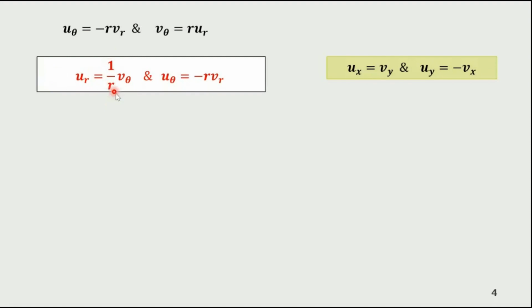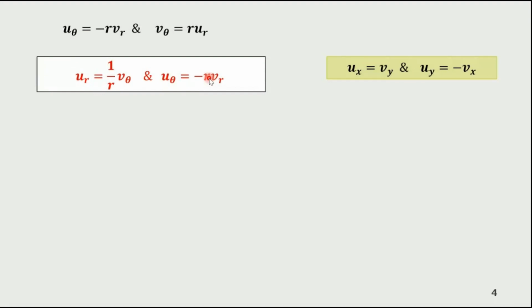The extra terms are 1 by R and minus R. Try to remember it this way so that you will not make mistakes. So the CR equations are: U_R is 1 by R V_θ and U_θ is minus R V_R. Everything is the same, just 1 by R extra here and R extra there. If you remember the CR equations in Cartesian, then we can write them in polar form also.